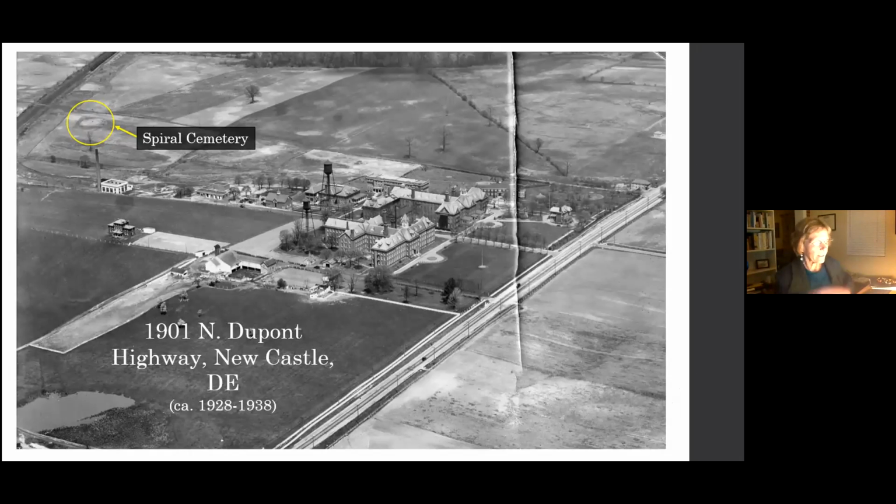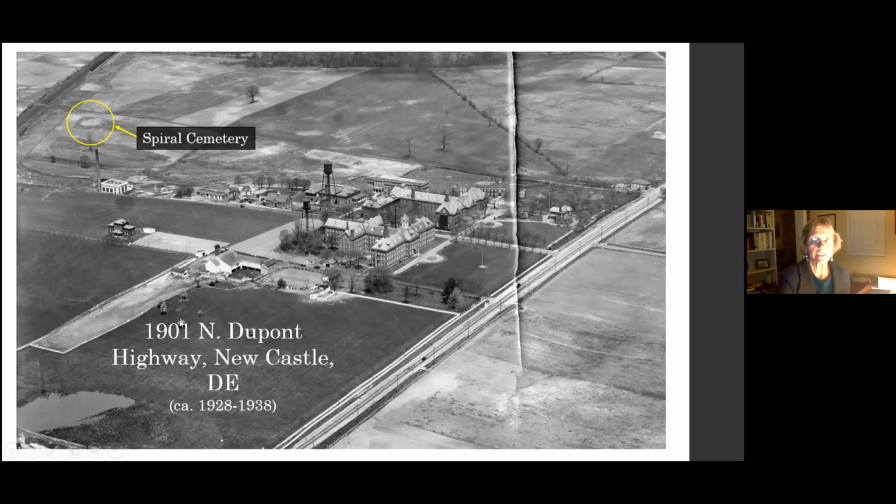You can see here, this is a relatively old photograph, but in the back you can see the circle. The spiral cemetery was originally located in another place on campus, but as they needed room for buildings, they moved it way to the back of the campus.